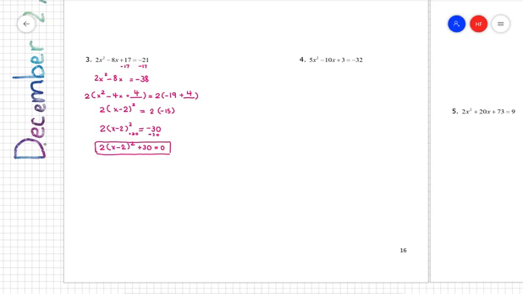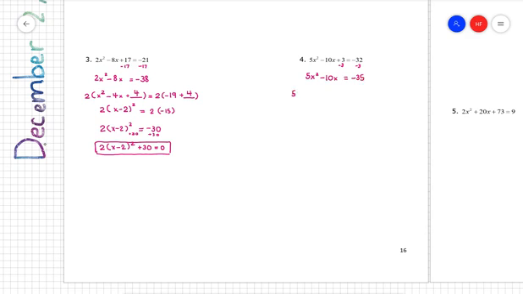And then the last example that we have, number 4, we have 5x squared minus 10x plus 3 equals negative 32. So I want the constant, the 3, to be on the same side as that negative 32. So I'm going to subtract 3. I have 5x squared minus 10x equals negative 35.